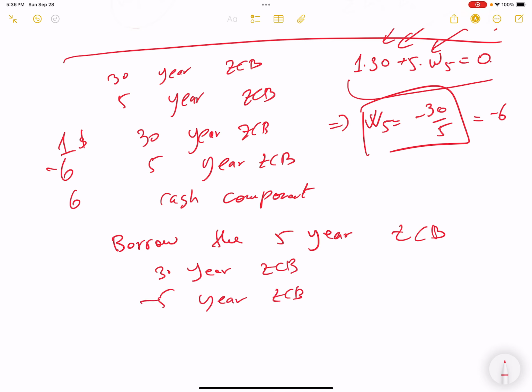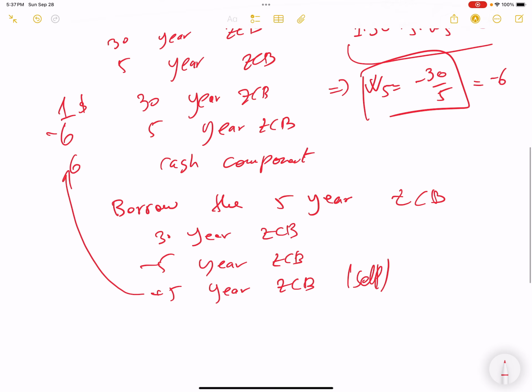But before you sell, you will have plus 5-year zero coupon bond, right? So you see that the zero coupon bonds are killing each other, right? Because you actually hold your 5-year zero coupon bond in your balance sheet, it kills your short. So to create a genuine short, you want to sell this 5-year zero coupon bond for cash. And that's where this cash component here, after you sell, is coming from.